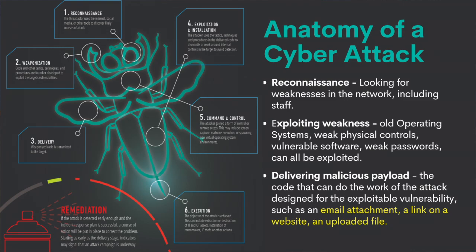It could be old operating systems, weak physical controls, vulnerable software, passwords. Those can all be exploited. The last part of it is delivering the malicious payload. That is the code that can do the work of the attack designed for the exploitable vulnerability. And that code can be found in an email attachment, a link, or an uploaded file.